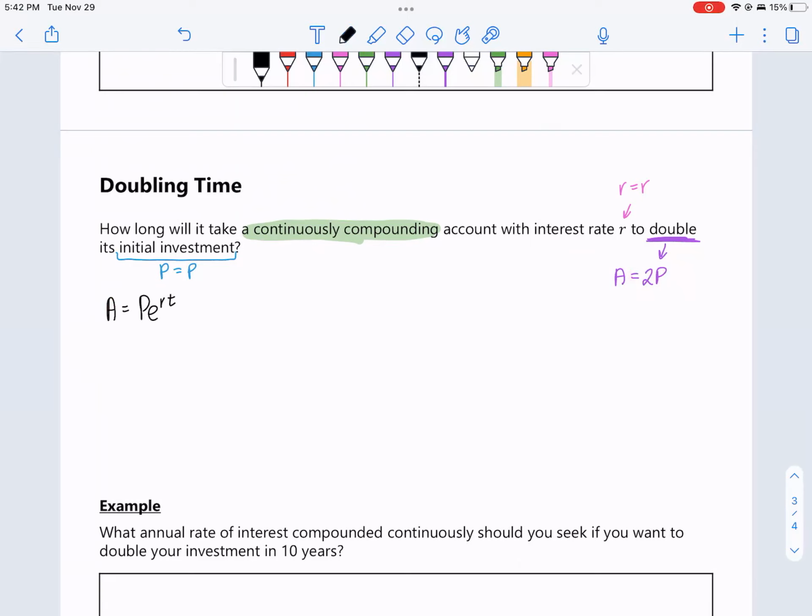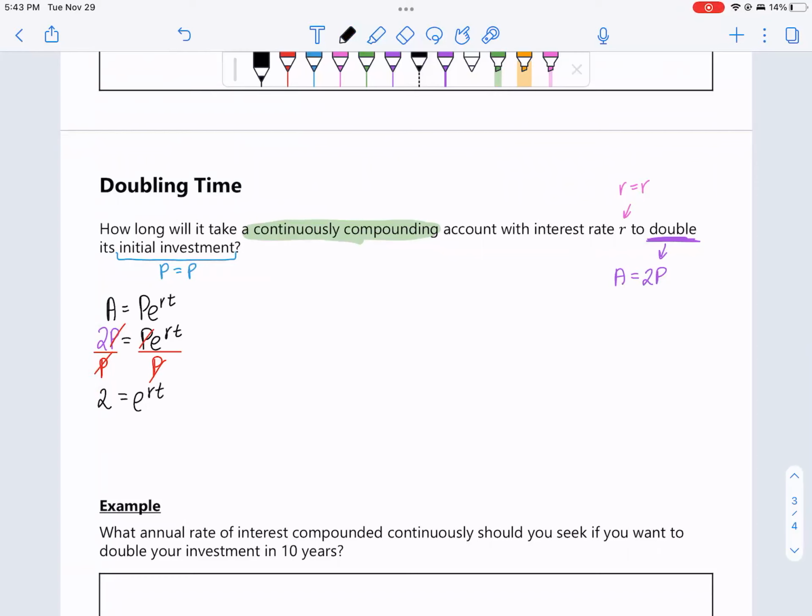So we have 2P equal to P e to the rt. And now there's a P on both sides, and I can divide both sides by P to get rid of the P. This is totally legal because we're not dividing by 0, so we're okay. The P will disappear from both sides.